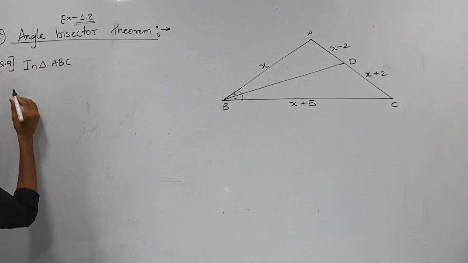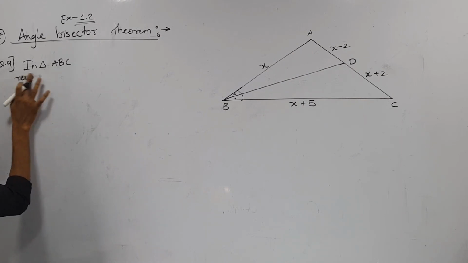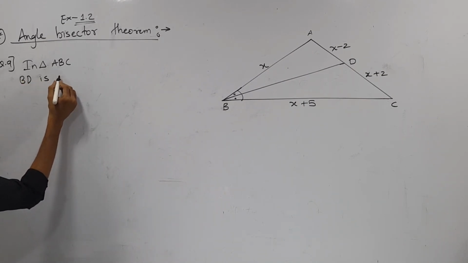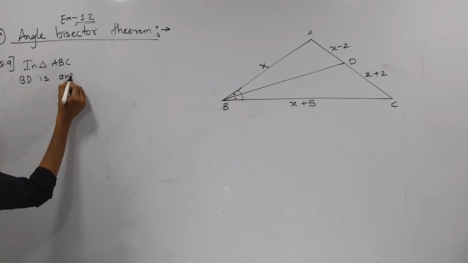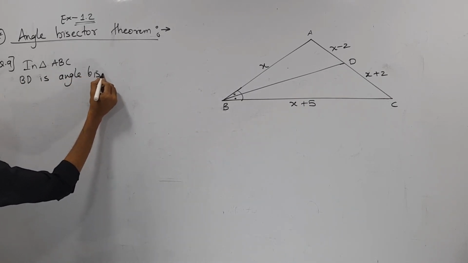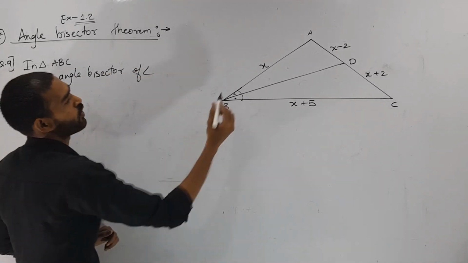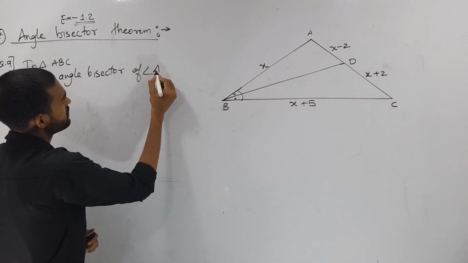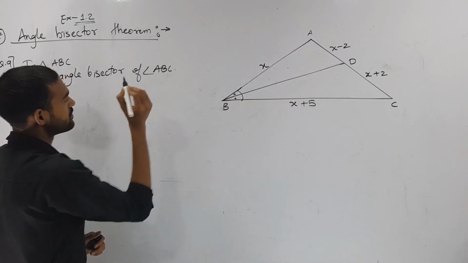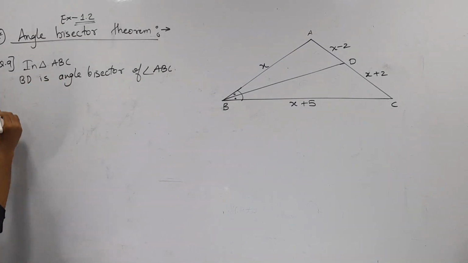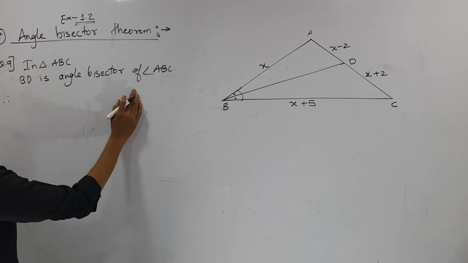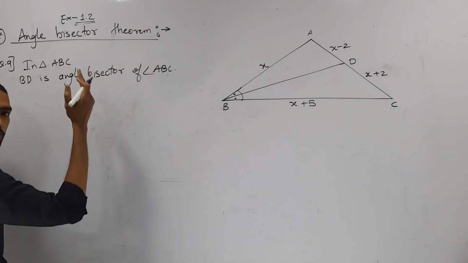BD. So we will mention BD is the angle bisector of which angle? Of angle ABC. Clear? Therefore, since it is an angle bisector, we'll apply the angle bisector theorem.